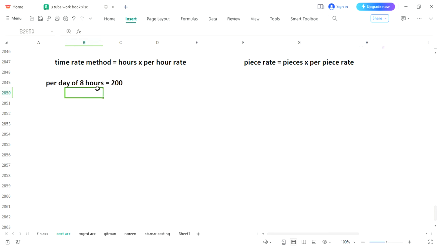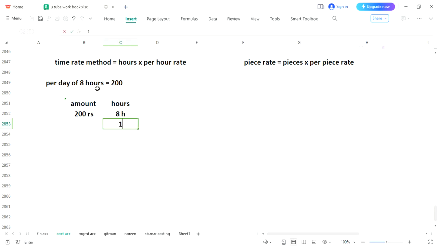Now let me show how we would calculate the per hour rate. Again, the amount is associated with hours. For 8 hours, you are receiving 200 rupees. If you work for 8 hours, you will receive 200 rupees.